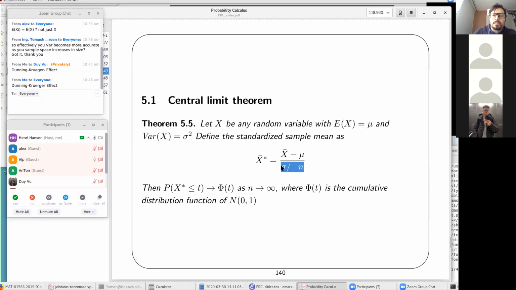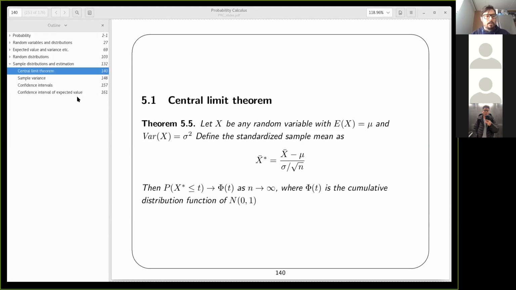If you look at this, you take this as a coefficient and calculate the variance of this. So I'll just write it here: the variance of x bar minus mu, over S divided by the square root of n, where I'm going to call sigma S. So what is that variance?